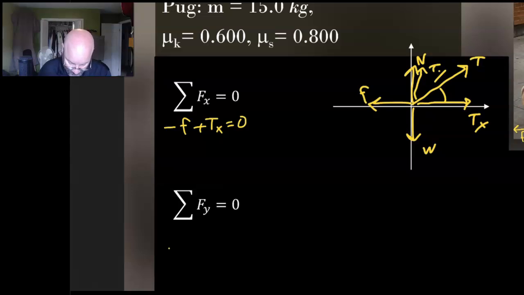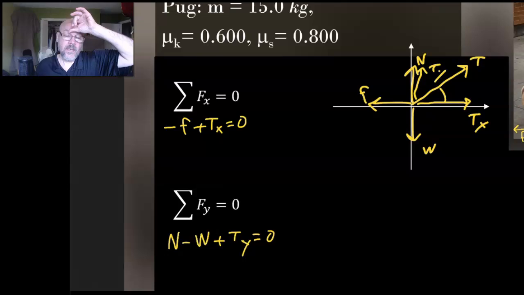Now I've got N is up, the weight is down, but I also have this thing here, Ty. Now I've completed step 3. I've written down my horizontal and my vertical force relationships. So let's dig in with this.